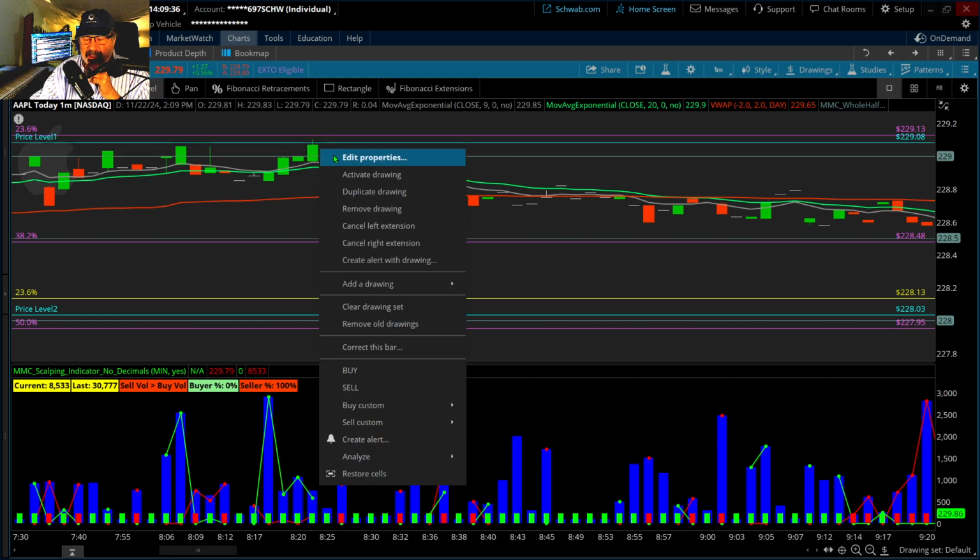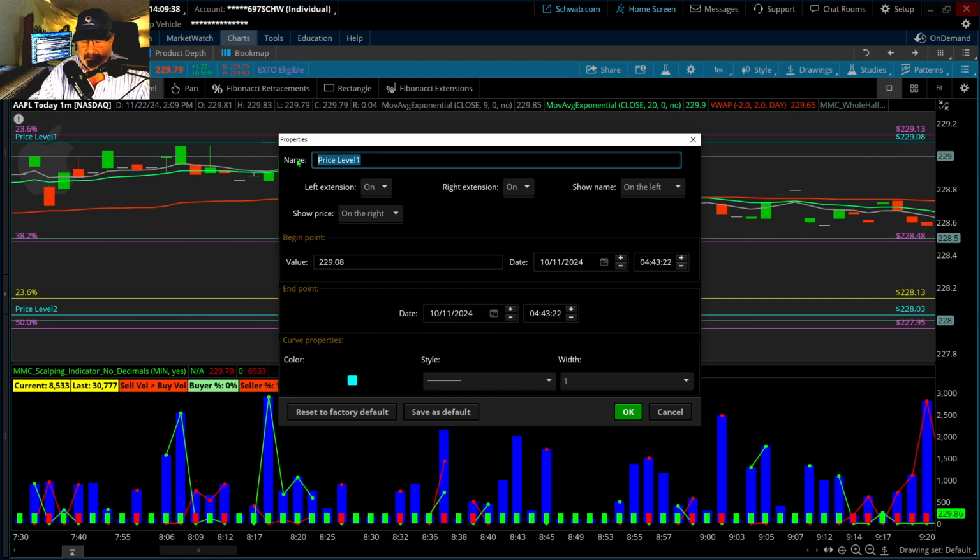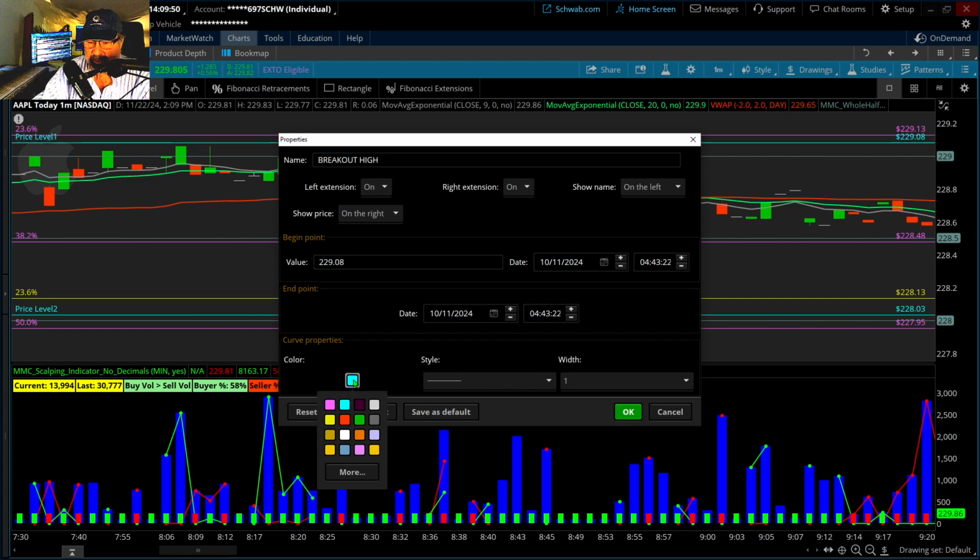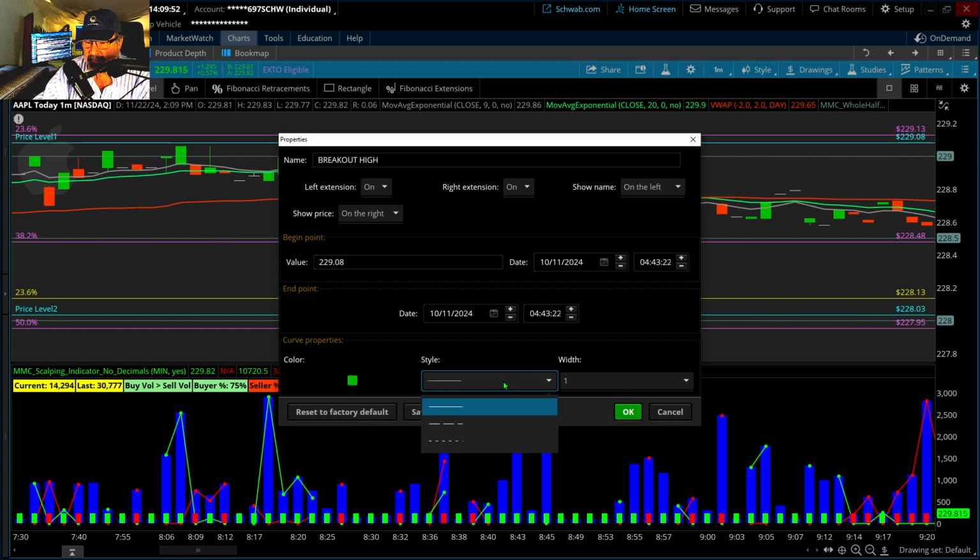So let's make this breakout high. We'll make that green. We'll make it dashed, and we'll give it a double thickness.